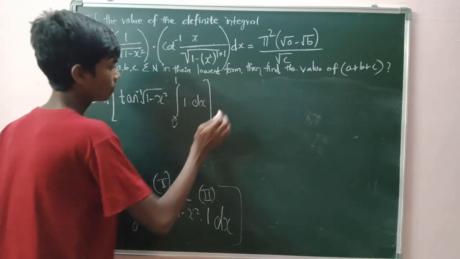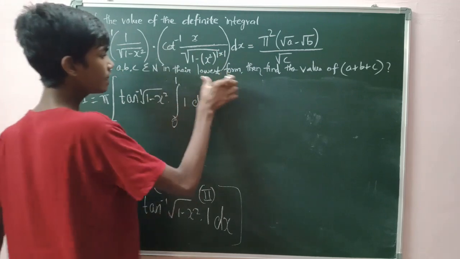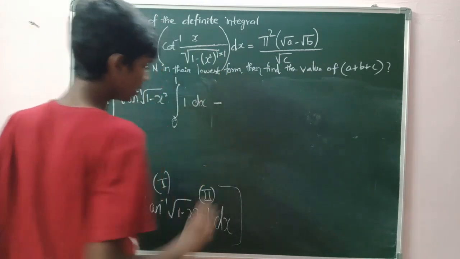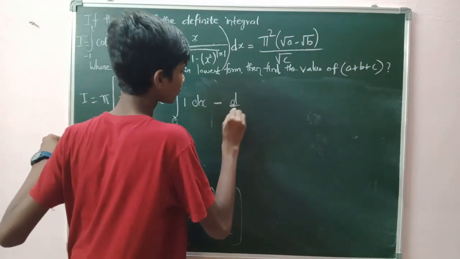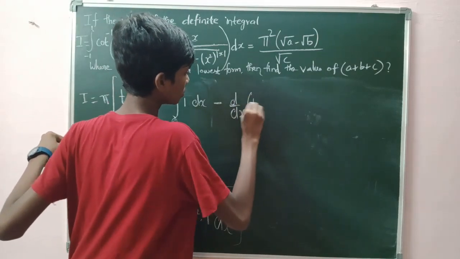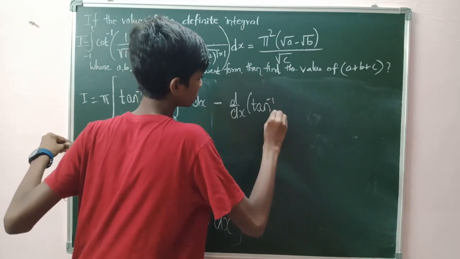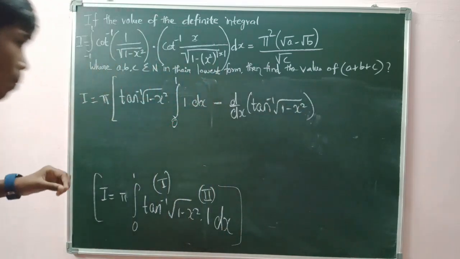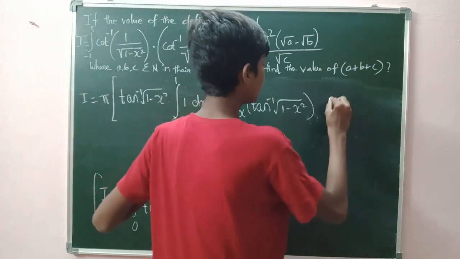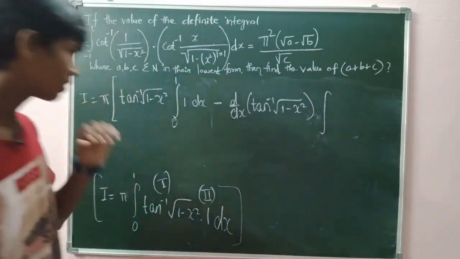Okay, wait. Then minus of derivative of your first function, derivative of first function is d by dx of tan inverse of root of 1 minus x square times integral of your second function.